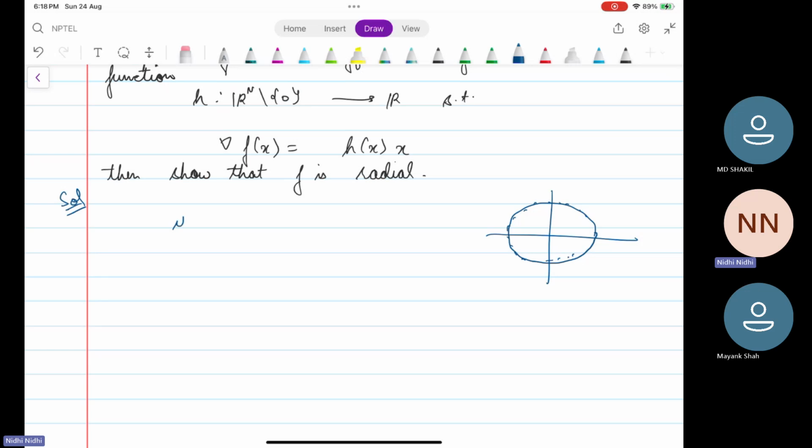That means if x and y are such that norm x is equal to norm y, then we must have f at x is equal to f at y.